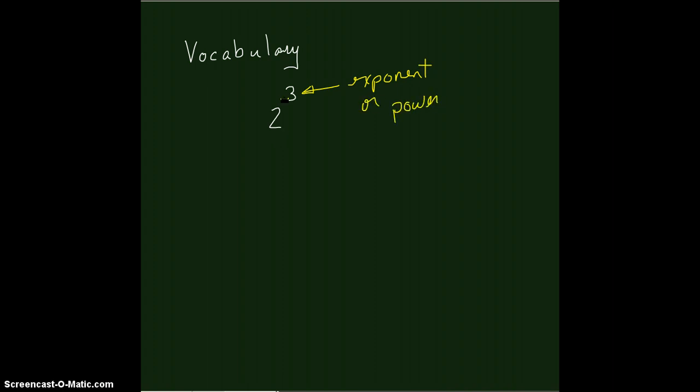So 2 raised to the power 3, or 2 cubed in this case, we would say. This number 2 is called the base. It signifies the number we're raising to that power 3.